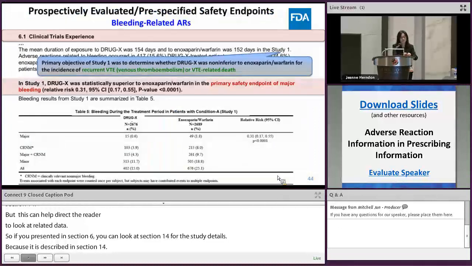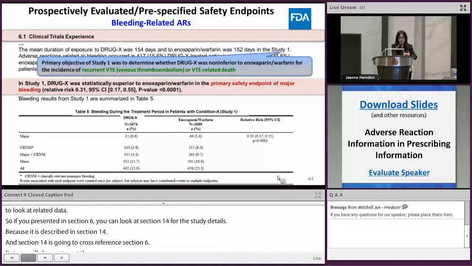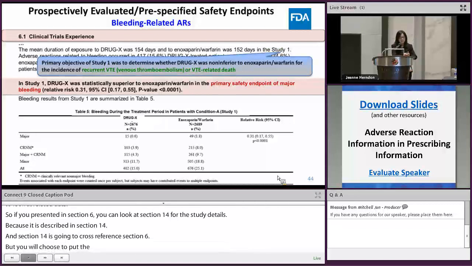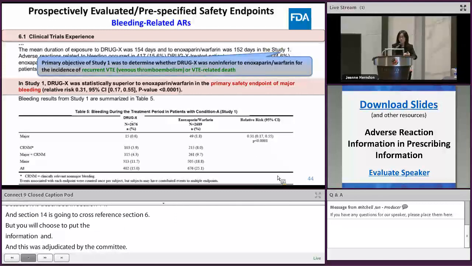Okay, so here's an example of a drug that is a novel oral anticoagulant, and it has bleeding-related adverse reactions. These were adjudicated by a central committee. The comparator arm is enoxaparin switched to warfarin. This is for an indication to treat DVT or PE, that's pulmonary embolism or deep vein thrombosis, and prevention of recurrence of these events.